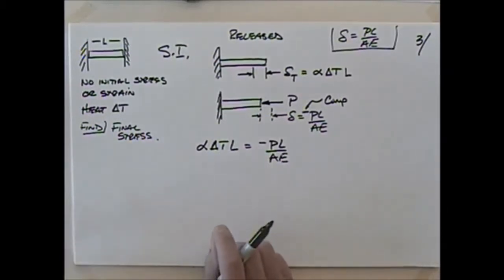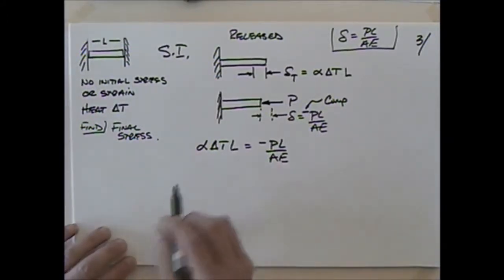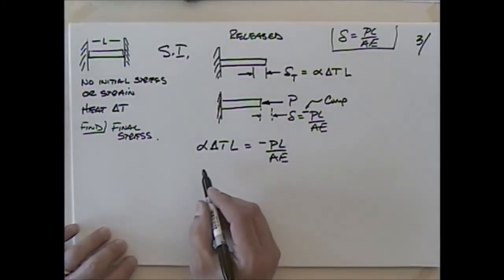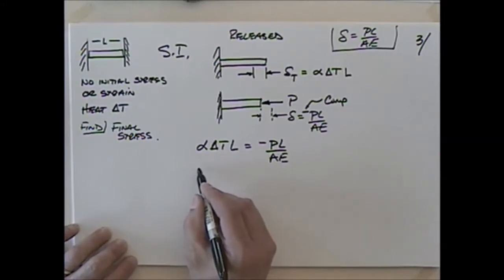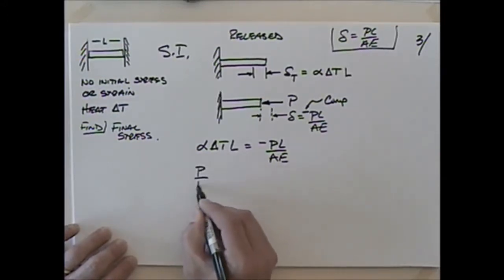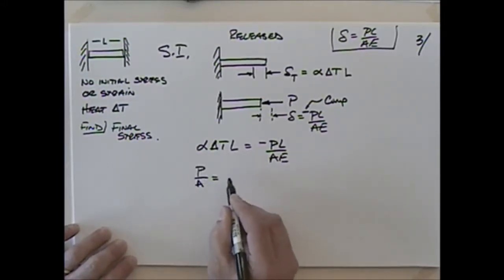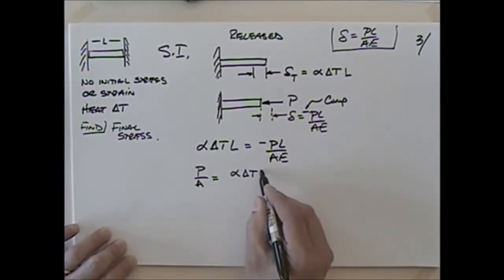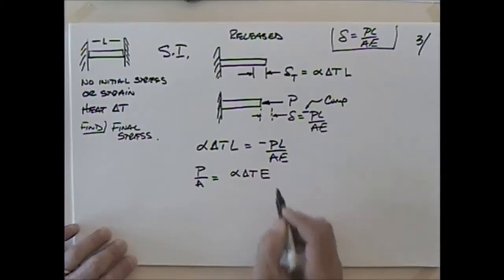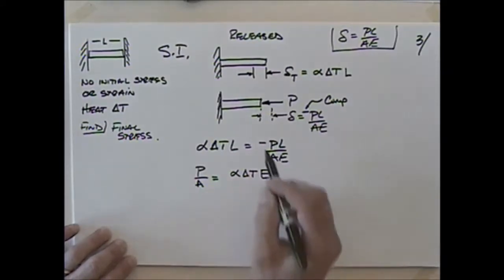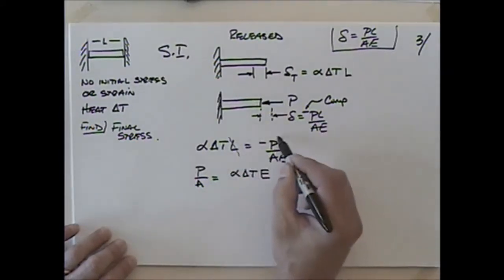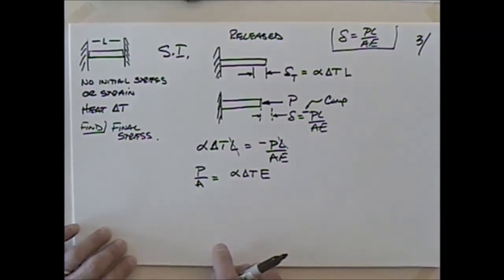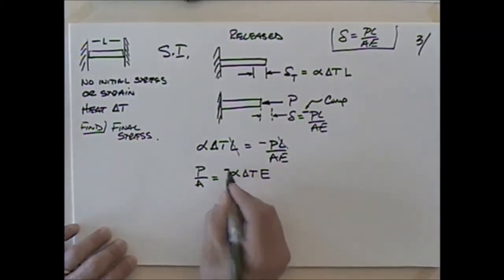So when I go to solve that, I could talk about P over A being equal to alpha times delta T times E, right? I get to cancel an L off of both sides, multiply both sides by E. I better have a negative there.